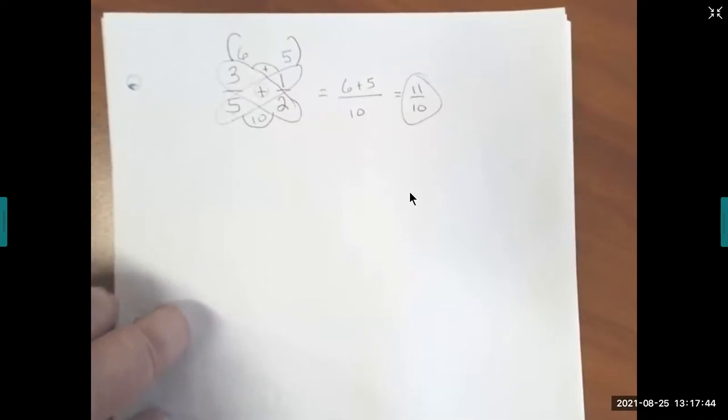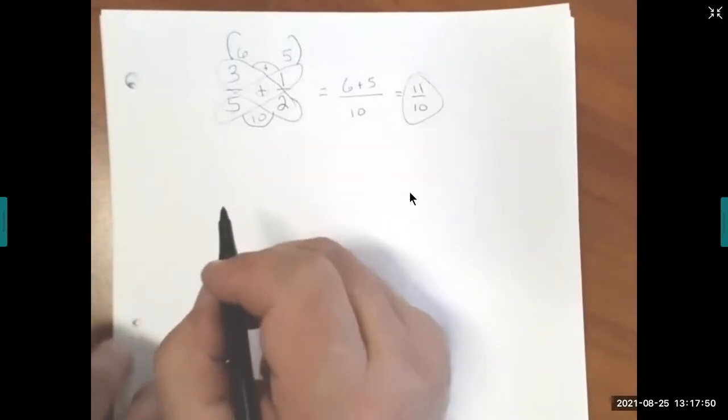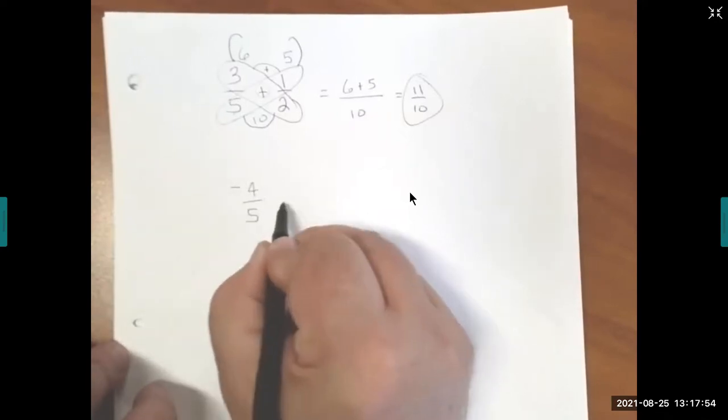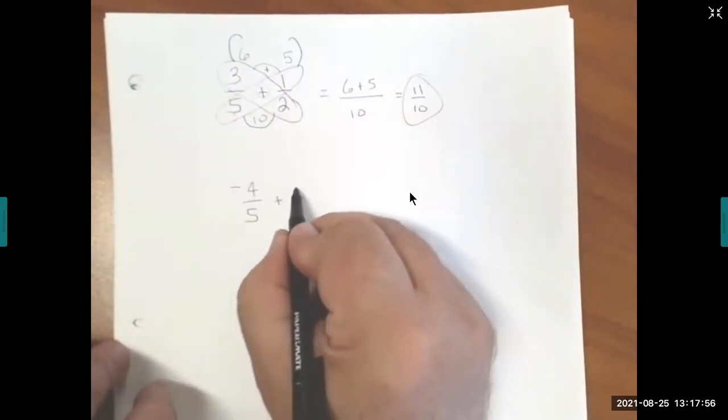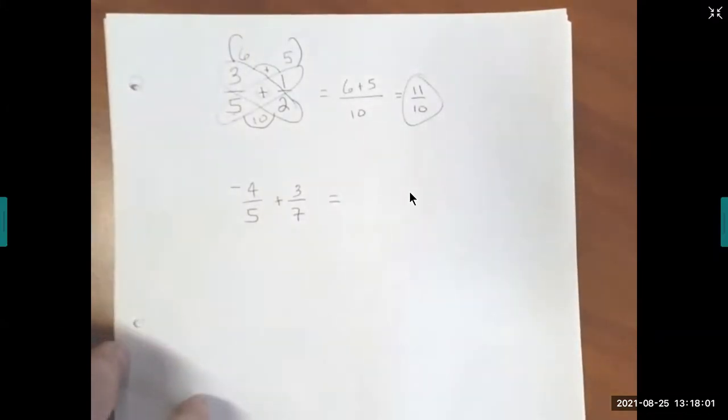Does that make adding fractions easier? Let's try different signs. Do it the same way here. Negative 4 over 5 plus 3 over 7.